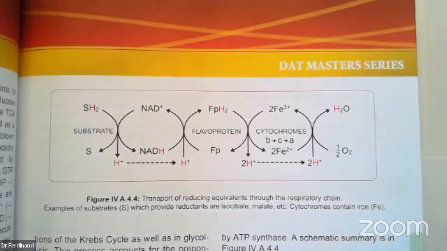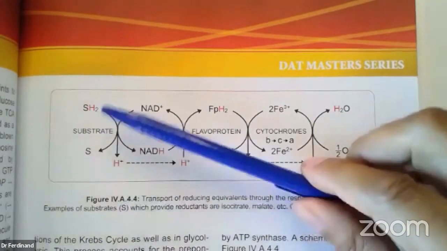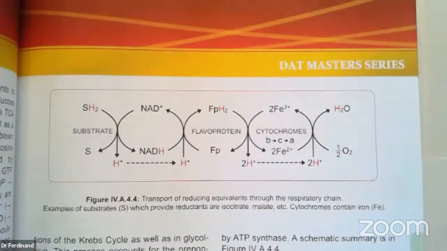And in this process, we have something that is reduced. This expression, to reduce something or to oxidize something, you're going to use differently in organic chemistry than you would in, let's say, biochemistry, if you will.